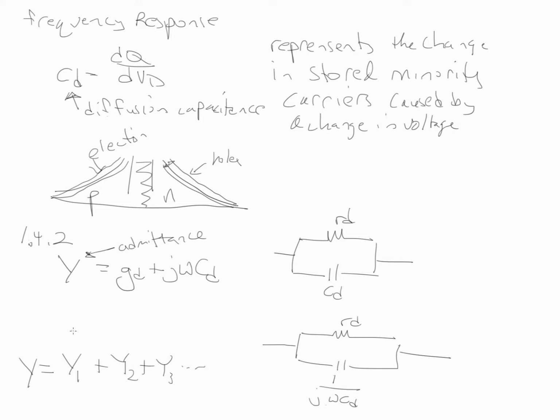So for a resistor, this is 1 over R sub D, and this would be 1 over 1/(j omega C sub D), which is j omega C sub D. And 1 over R sub D, we said in the previous slide, is equal to G sub D. So that's where they get that formula, by just adding up the admittances.